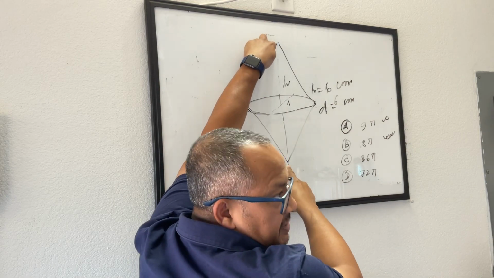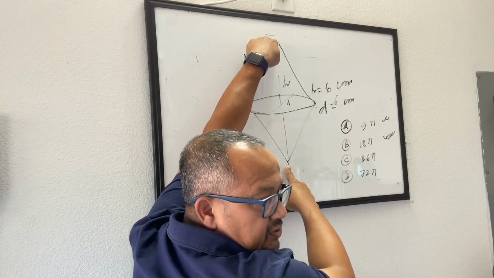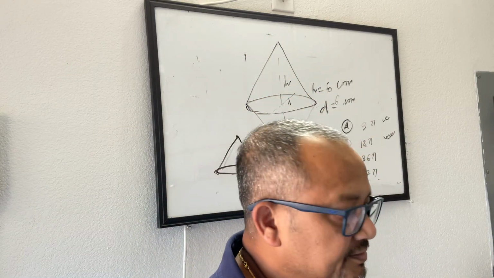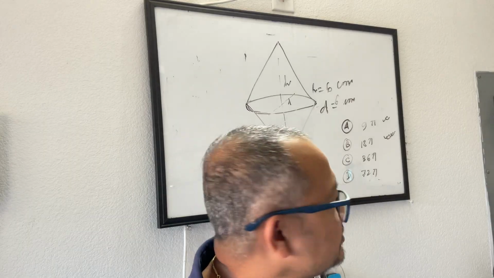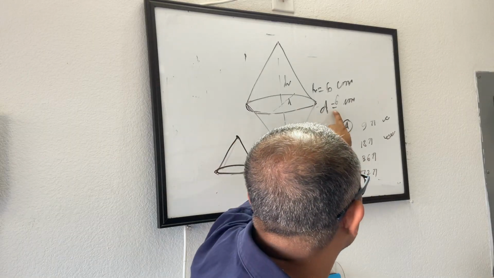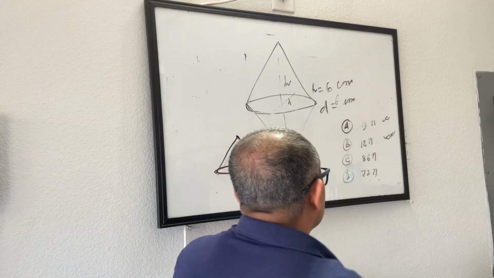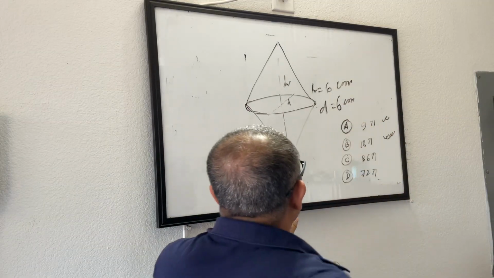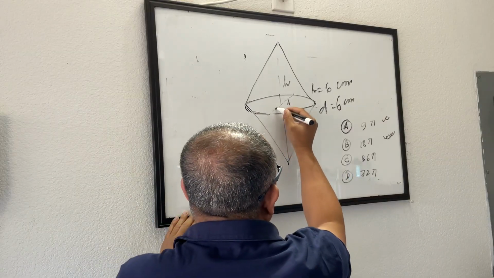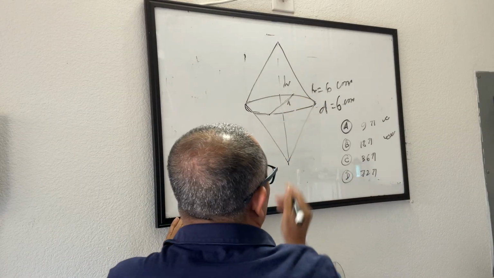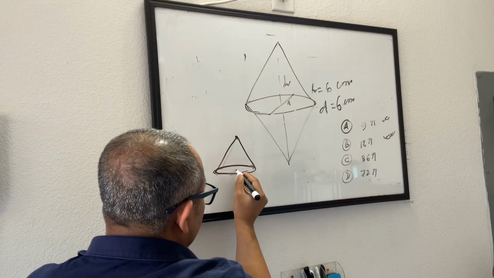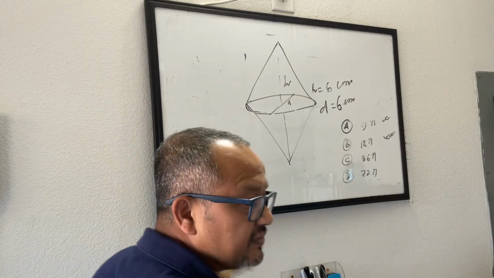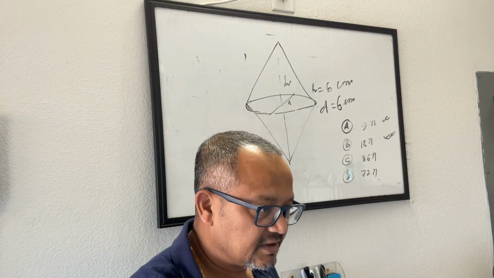It says identical, so that's how I would interpret. Neil, what does the D equals centimeters thing say? 6 centimeters. And where's D? D is the diameter of the identical base. Right circular cone, the base is always a circle, so D is nothing but the diameter of that circle.